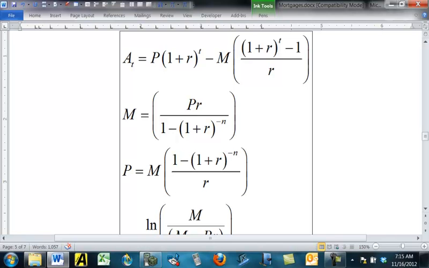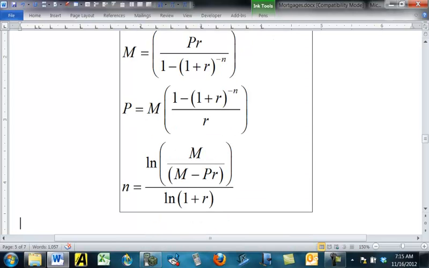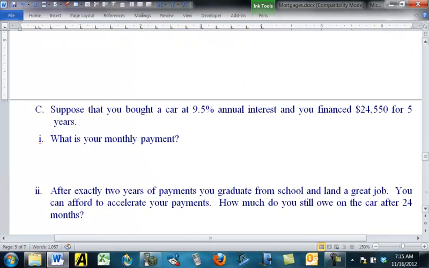Then you're going to go back down here, and the interest rate's going to be the same, but we're going to put in the payoff balance that you found above for P, with our new monthly payment, and then solve for how many months it's going to take. So use that last one.